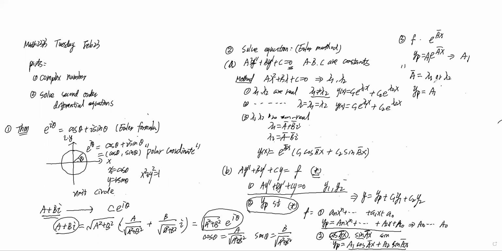If your a bar is not equal to lambda 1 and not equal to lambda 2, use the form above. If a bar is equal to lambda 1 and lambda 2, with lambda 1 equal to lambda 2, there should be x squared because the multiplicity is 2. This should be A1 x e^(lambda x) if lambda 1 is not lambda 2.